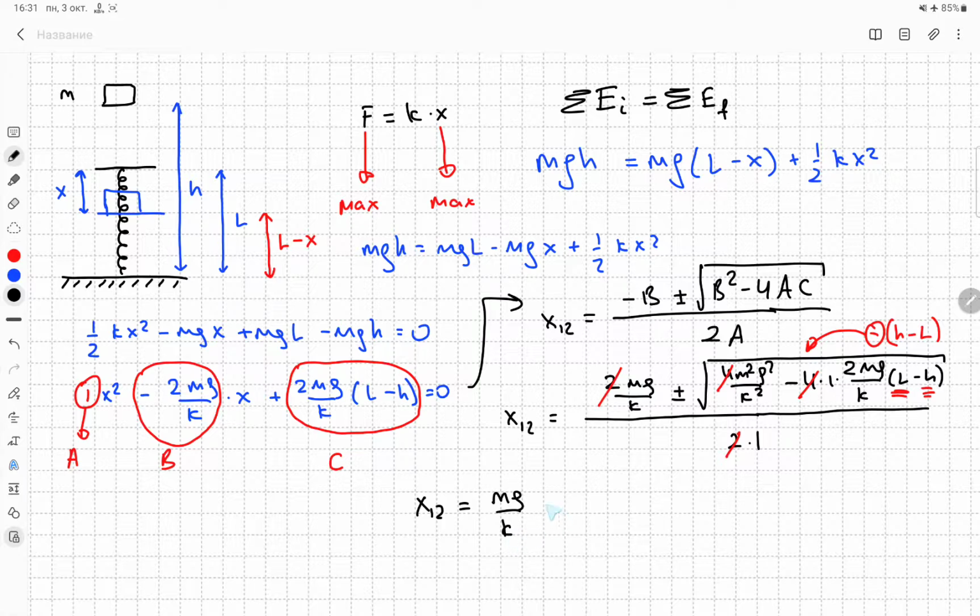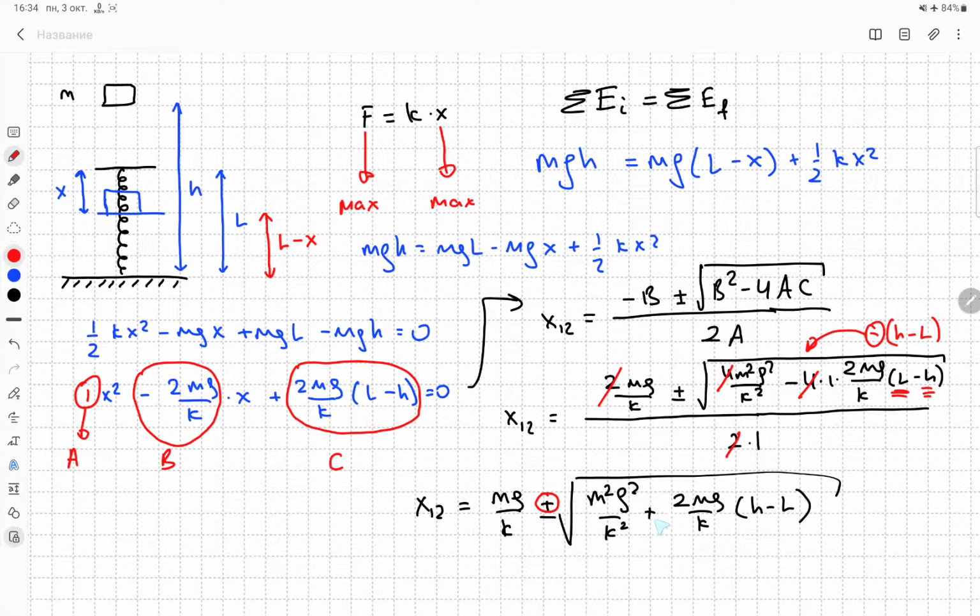mg over k plus or minus the square root of m squared g squared over k squared plus 2mg over k times (h minus l). So this part is totally a positive number. Here we will choose the plus sign because under this square root we will get a value more than mg over k.